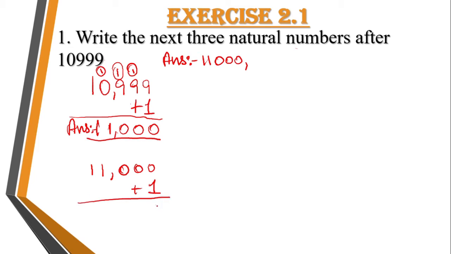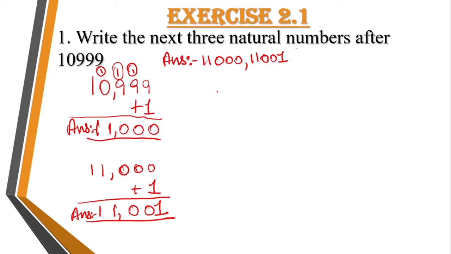So 0 plus 1 is 1 and the other digits will be as they are because here we don't have any numbers right below them. So we will write it as this. So we will get our next number as 11,001.